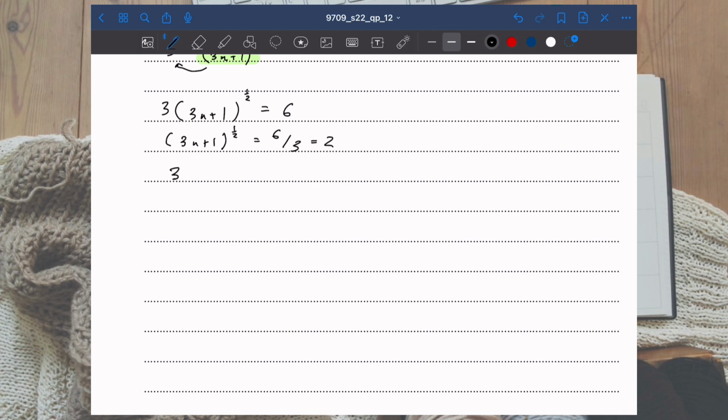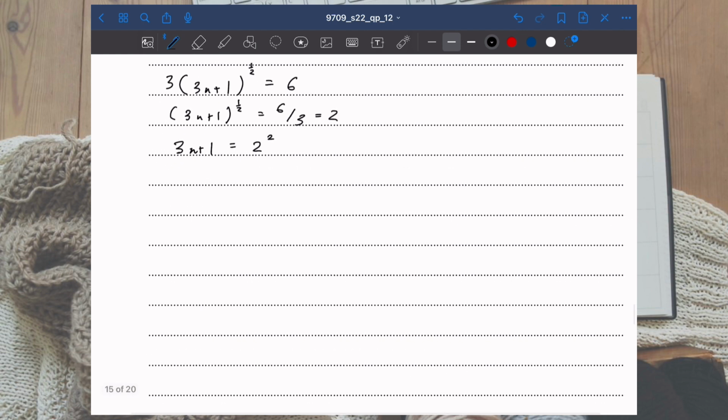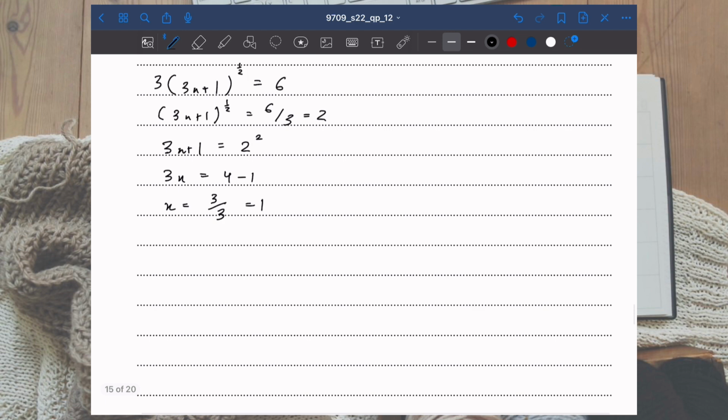So then 3x plus 1 equals 2 squared, moving the power half to the opposite side. Then 3x equals 4 minus 1. x equals 3 over 3, which is 1. So this is our x coordinate for the stationary point.